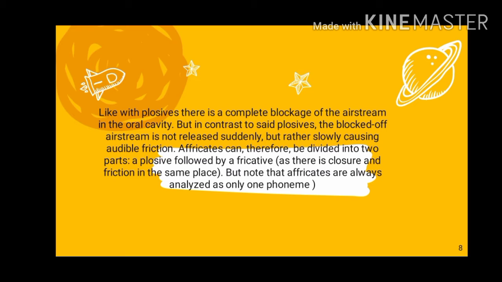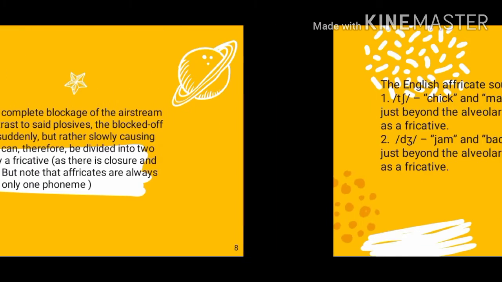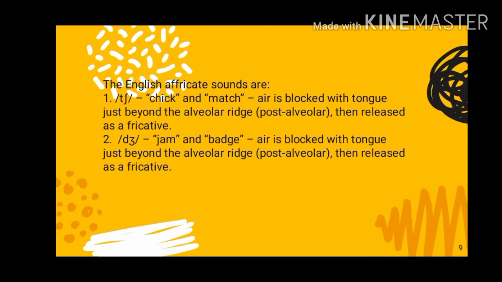An affricate can therefore be divided into two parts: first is a plosive followed by a fricative, as there is a closure and friction in the same place. But note that affricates are always analyzed as only one phoneme. These are examples of English affricate sounds.